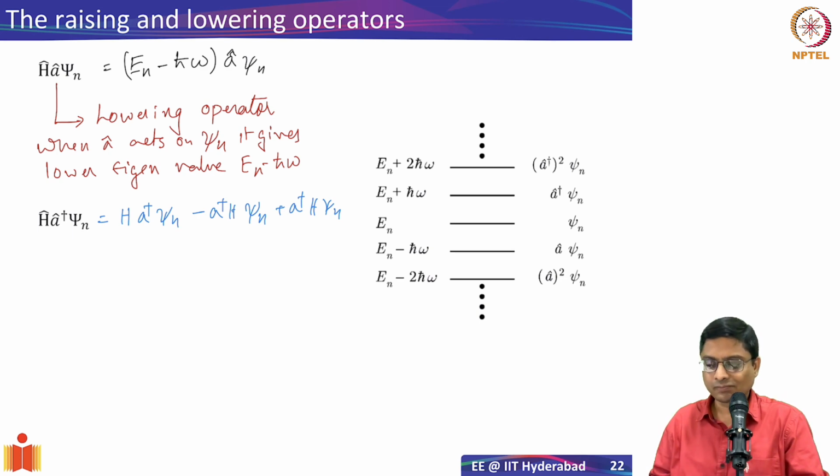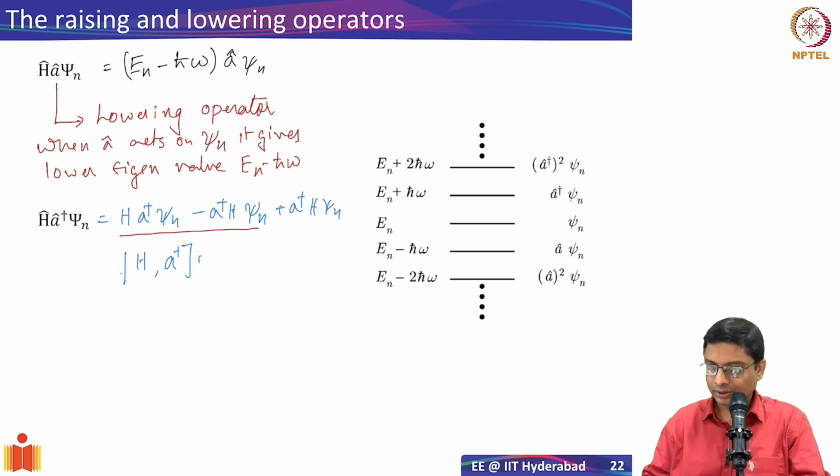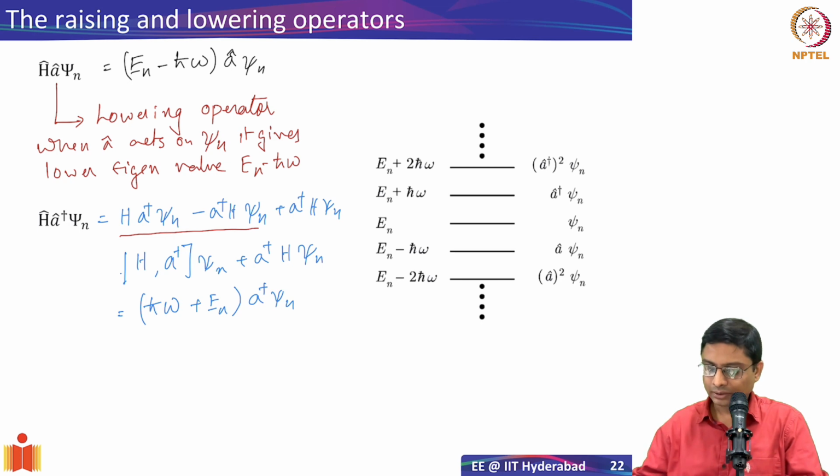The first two terms give the commutator bracket, H comma A dagger, acting on psi n, plus A dagger H acting on psi n. I'll make the story short. This will be h cross omega plus En acting on A dagger psi n. So that's why I'll call A dagger the raising operator.